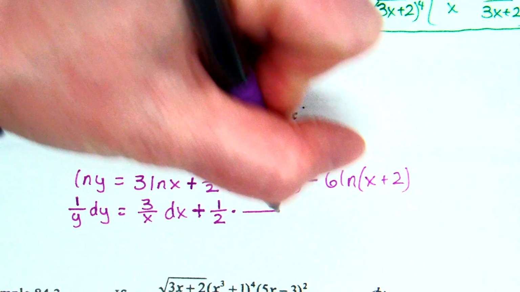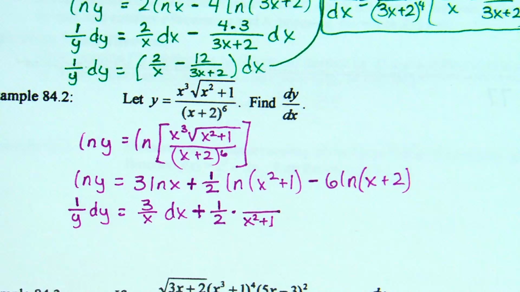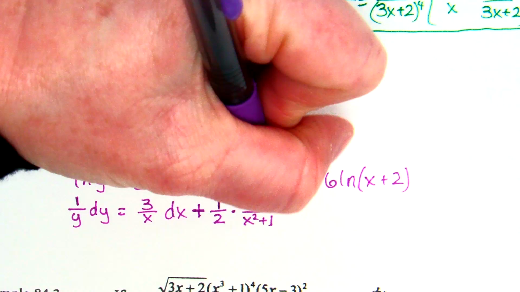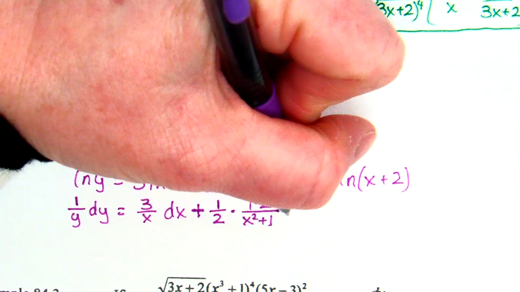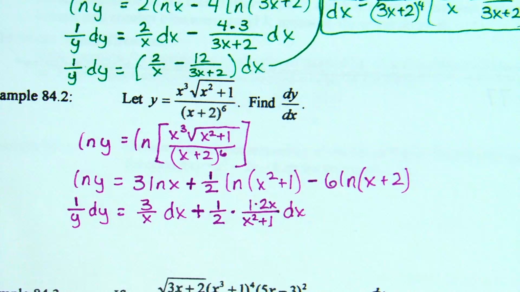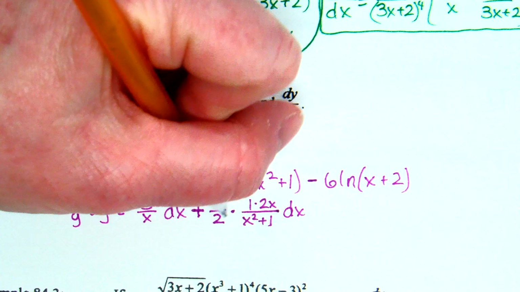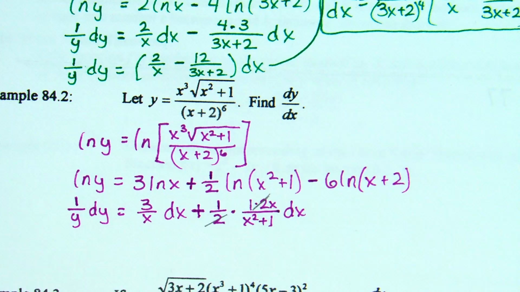Because officially, we would start off by saying 1 over x squared plus 1 times the derivative of x squared plus 1, which is the 2x, so that puts 2x on top. And that was all in terms of x, so this is times dx. Now, do you see what Jack was saying, that the 2's would cancel? Yeah, the 2's will cancel. So you're just going to end up with x over x squared plus 1.